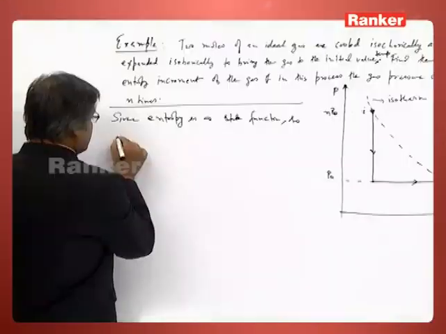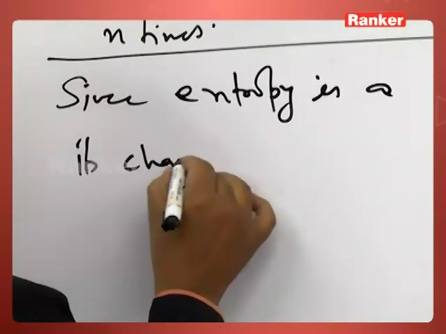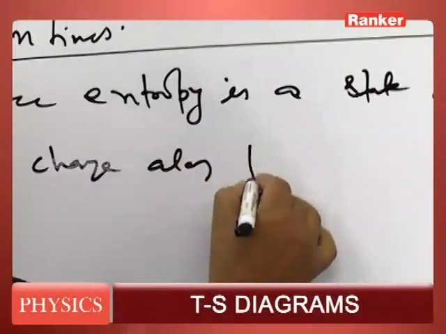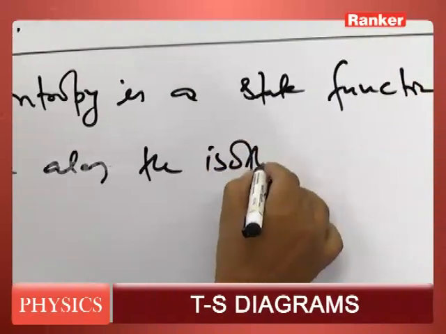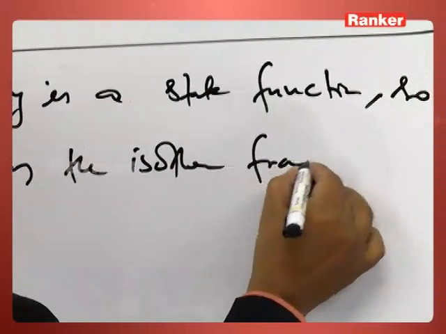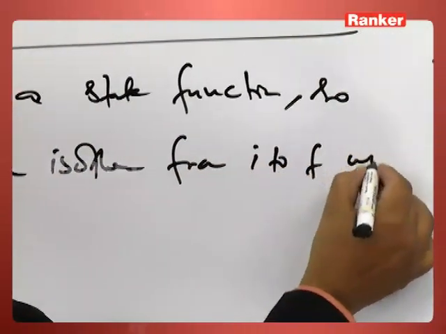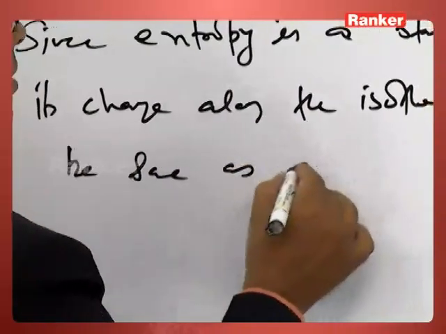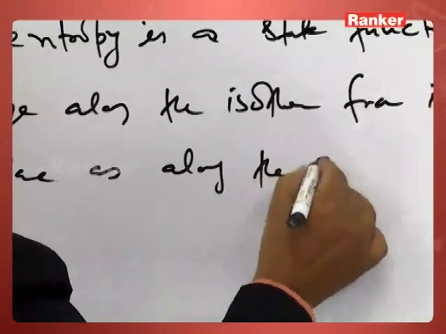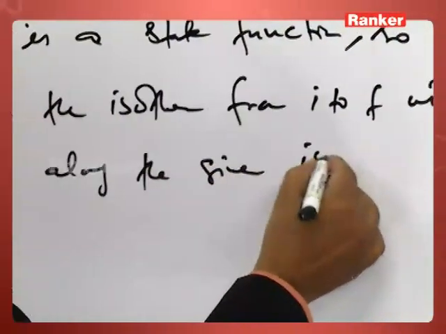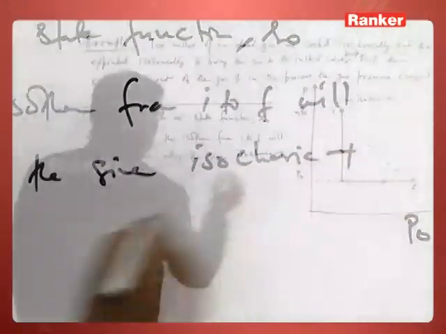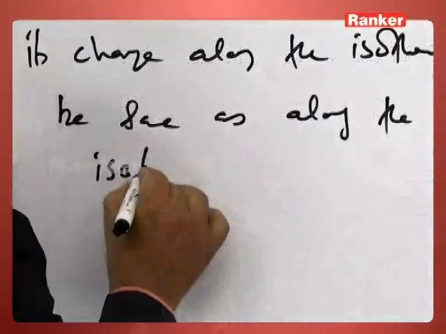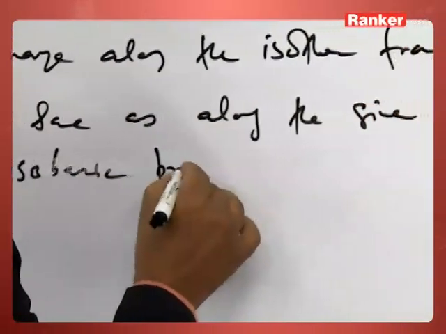So its change along the isotherm from I to F will be the same as along the given isochoric plus isobaric processes.